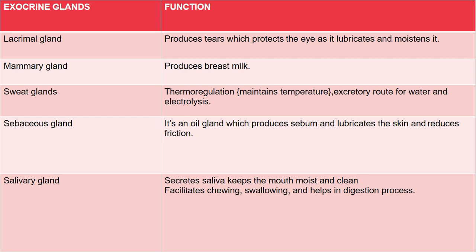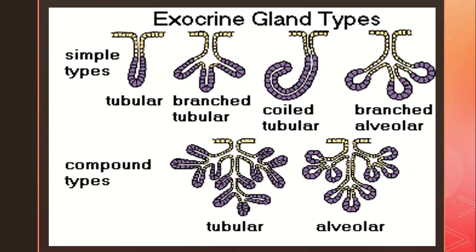Many enzymes break down food in our mouth through this saliva. So that's why it helps. It's also helping in the digestion process. The moisture present in the saliva helps in chewing and swallowing, and the enzymes present in the saliva help in the digestion process. So these are the functions of the exocrine glands.